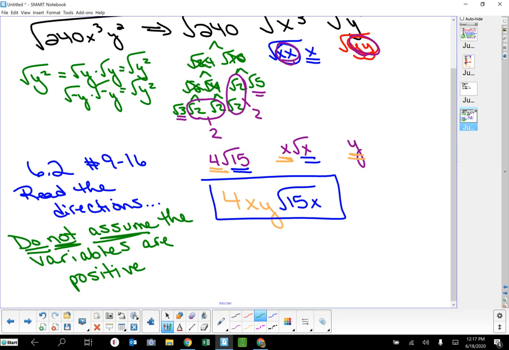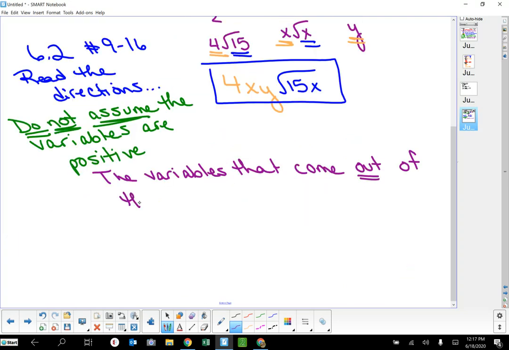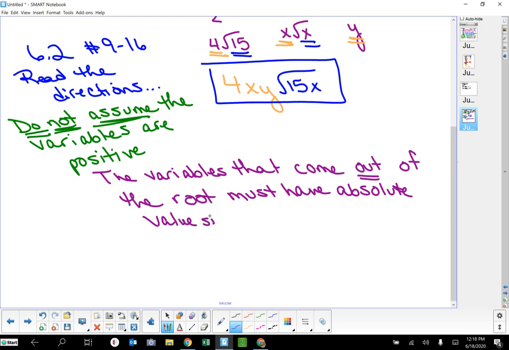So if you can't assume they're positive, when you reduce that value, the variables that come out of the root must have absolute value signs around them. Because you don't know if it's a positive or a negative.